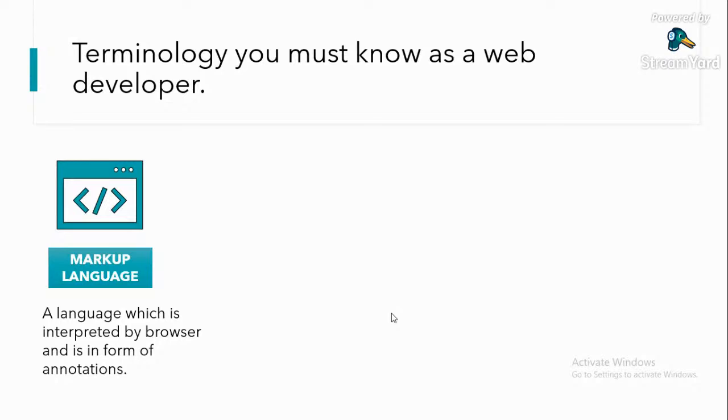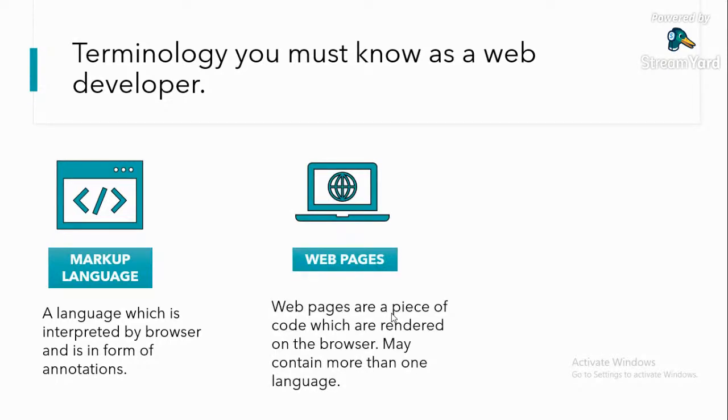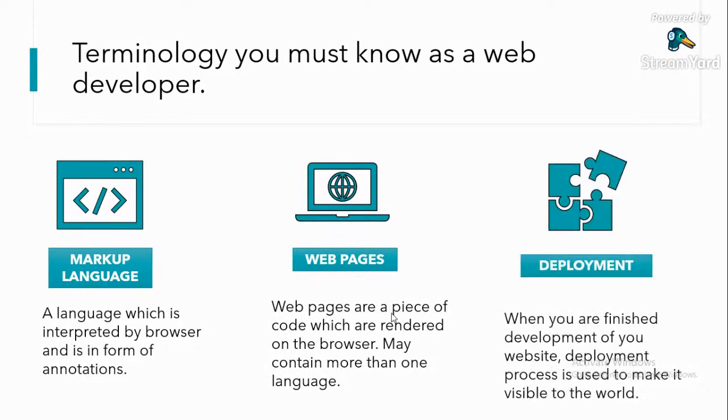Next thing is web pages. Web pages are a piece of code rendered on the browser. We will develop those web pages, and finally, when we deploy something onto the server, onto the web, it is called deployment. Generally, you have heard your government say that we have deployed the army in the border area.